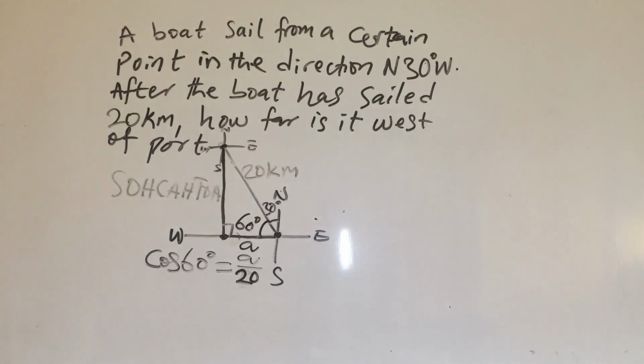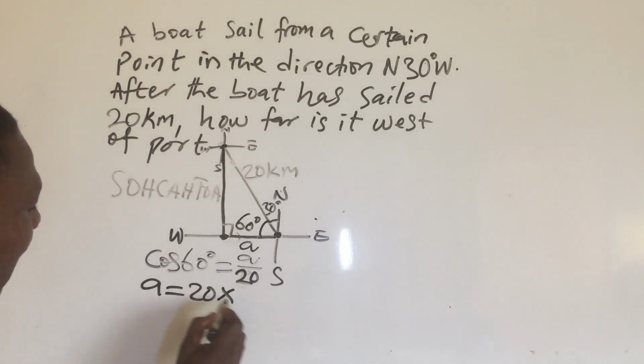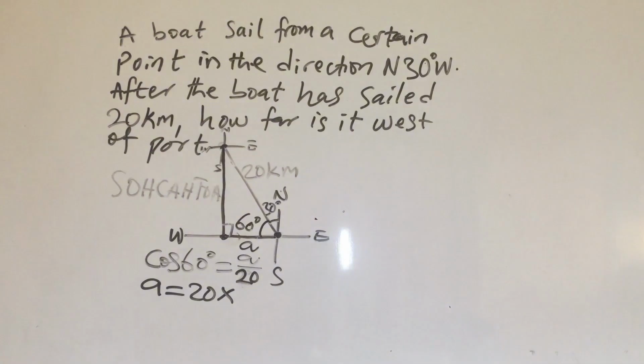Now we make A the subject of the formula, which is the main thing we are looking for. After that, we have A equals 20 times cos 60, and the cos 60 from our calculator is 0.5, all right?